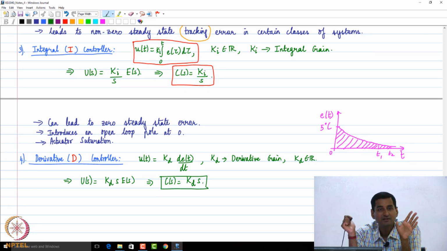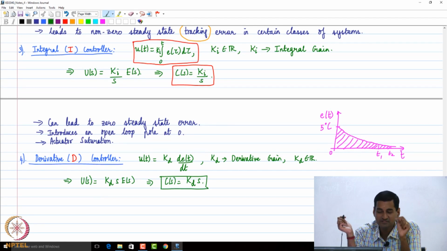Suppose your plant transfer function P of S is a proper transfer function with n equals m. There can be scenarios like that. The orders of the numerator and denominator polynomials of P of S are equal, and H of s happens to be 1, unity feedback.